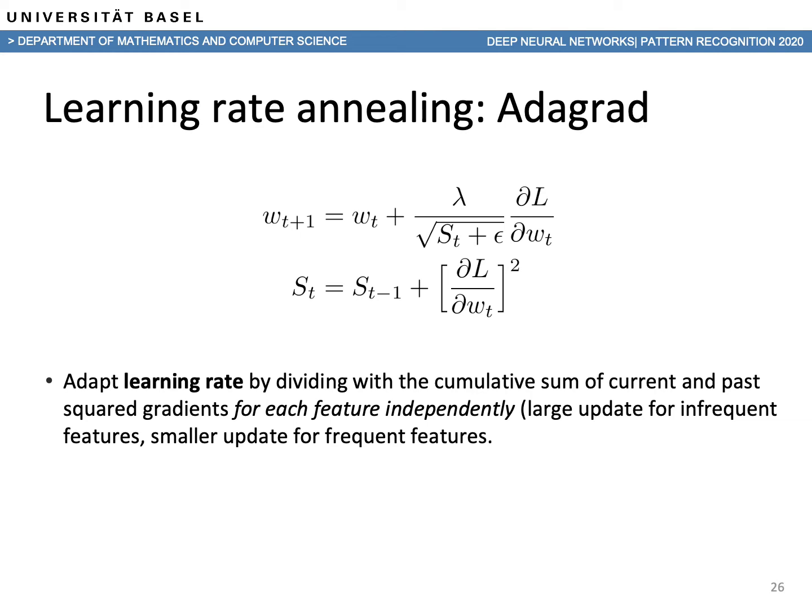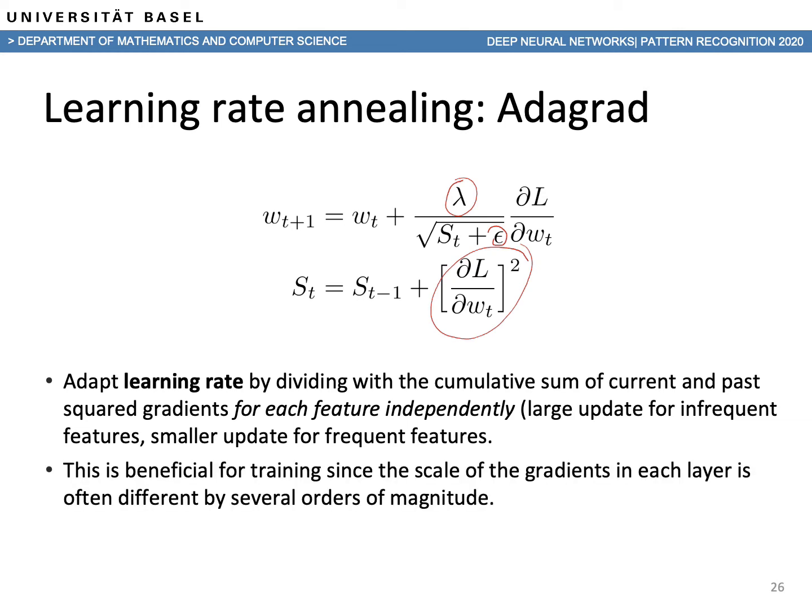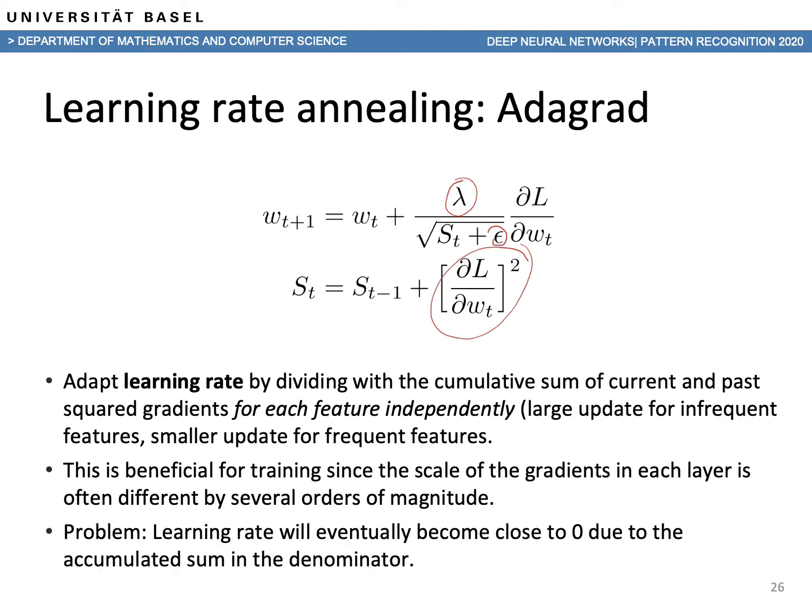We see here that we have our learning rate, but it's divided by the squared gradient of the weight, plus some small epsilon just to be sure that we're not dividing by 0. This is beneficial for training, since the scale of the gradient in each layer is often different by several orders of magnitude. But a problem here is that the learning rate will eventually become close to 0 due to the accumulated sum in the denominator.